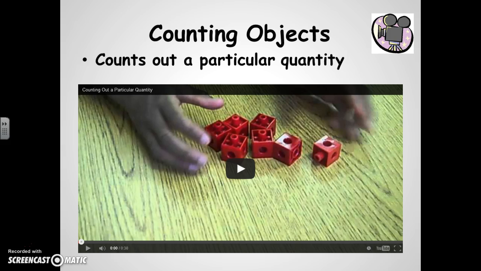Counting out a particular number requires children to hold the number in their mind while they are counting. This means that the number must have enough meaning to them that they remember it while they are counting. When the number has little to no meaning to them, they do not hold that amount in their mind and count past what has been asked for. The next stage is when they hear themselves say the number asked for as they count and are reminded that they are supposed to count out that particular number.